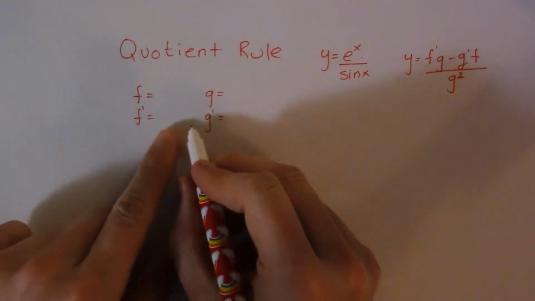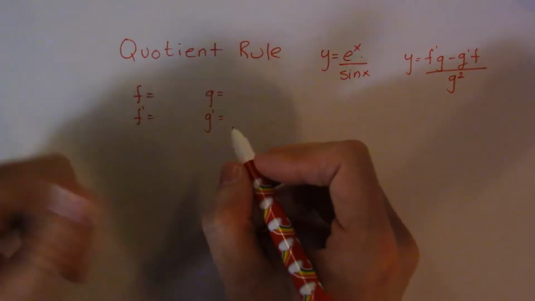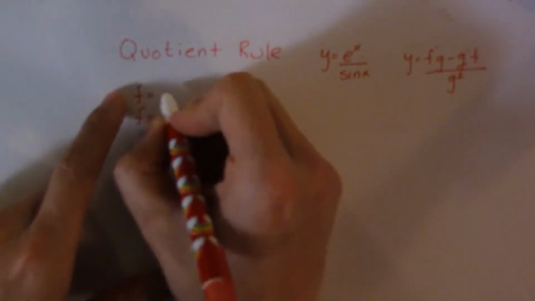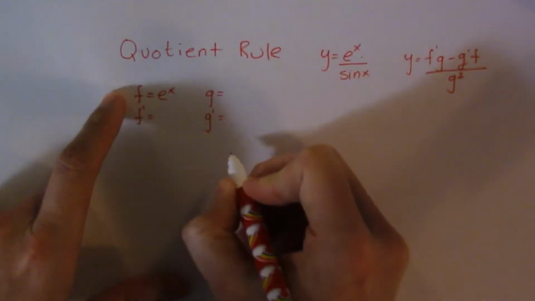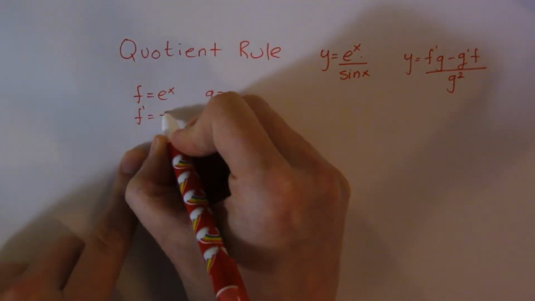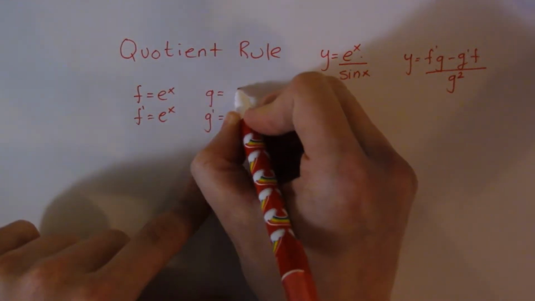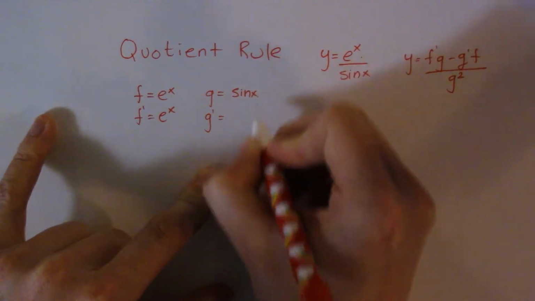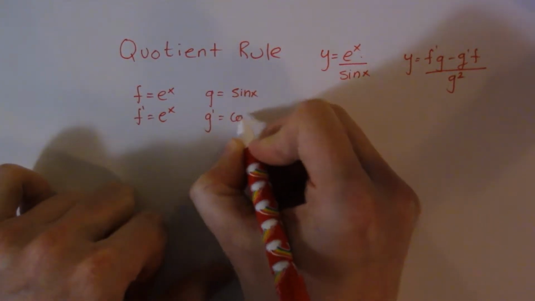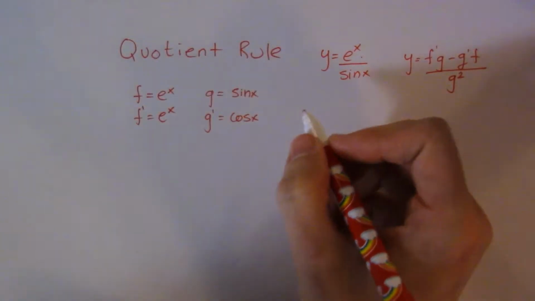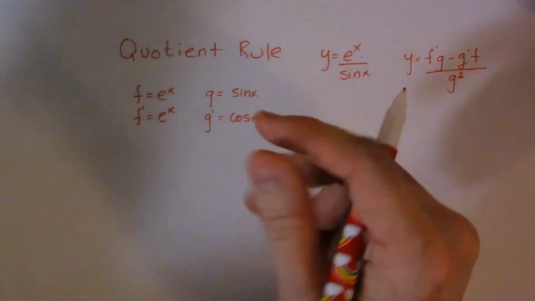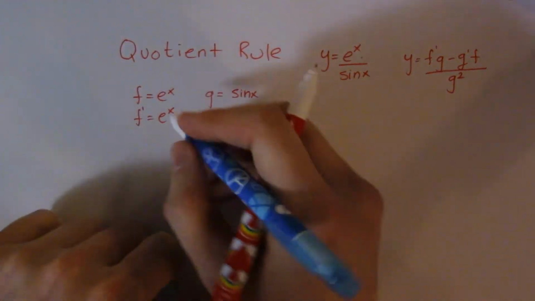So the reason why I get my students to write it out like this is, you'll see in a second. So my f is e to the x, and the derivative of e to the x is just e to the x. And my g is sine, so whatever's on the bottom is g. And the derivative of sine is cos x. The reason I get my students to write it out like this is because it allows them to never mess up the order.